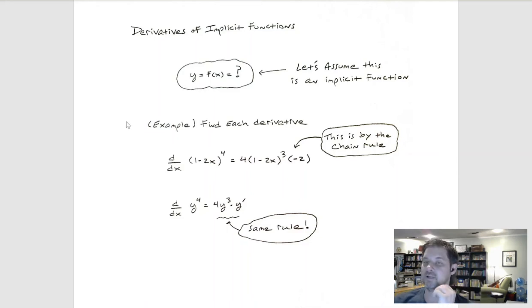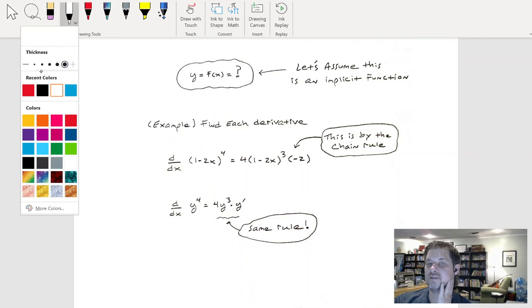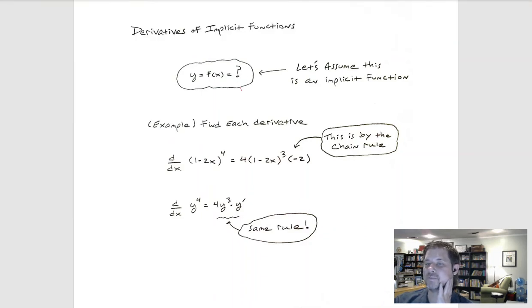But notice that I put this question mark up there, because the way you do that is not obvious. I don't have some equation where it's solved for y like that, and you just plug the x in, do the math, and get y. So that's just the concept I'm trying to get across.